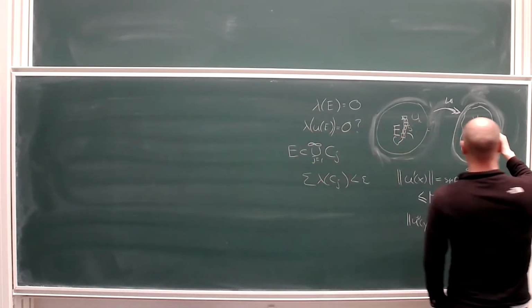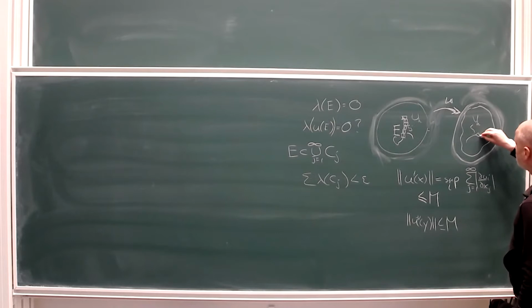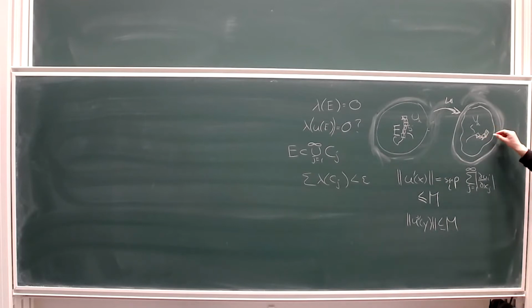And then what is this going to give here? Well, the corresponding covering is not going to give me squares any longer, but each one here is U of the corresponding C_j.